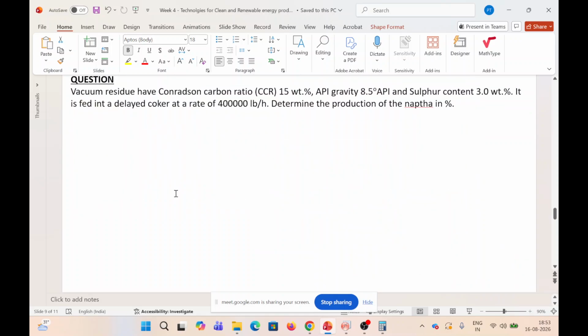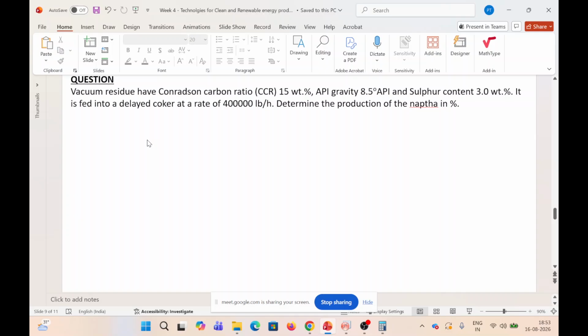Let's solve this problem. The question is: vacuum residue has a condensation carbon ratio, CCR, of 15 weight percent. API gravity is 8.5 degree API and sulfur content is 3 weight percent. It is fed into a delayed coker at a rate of 4 lakh pounds per hour.